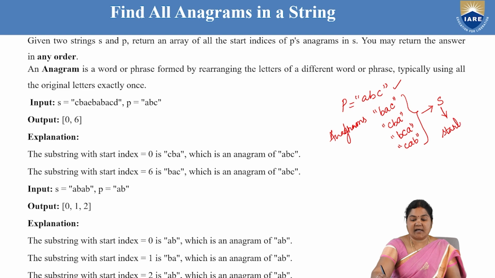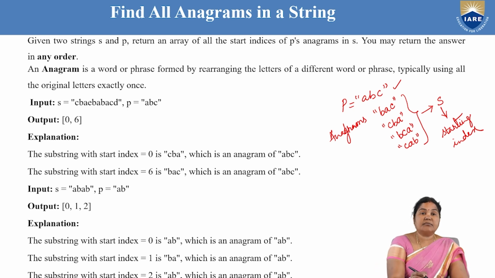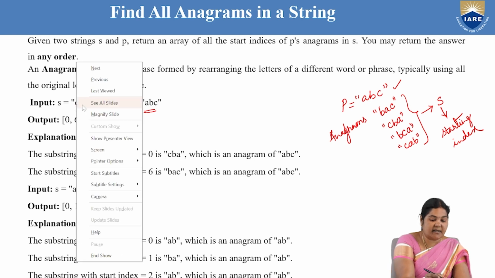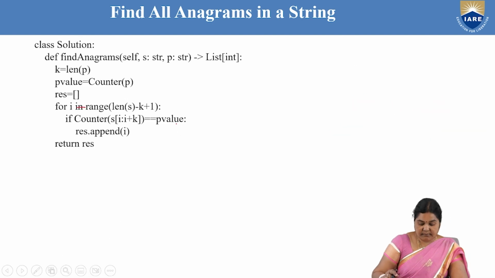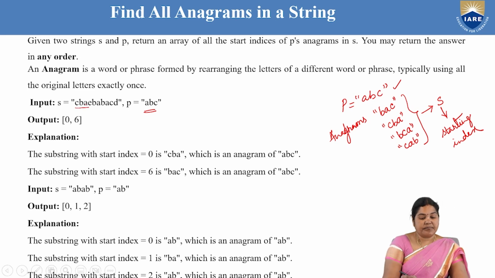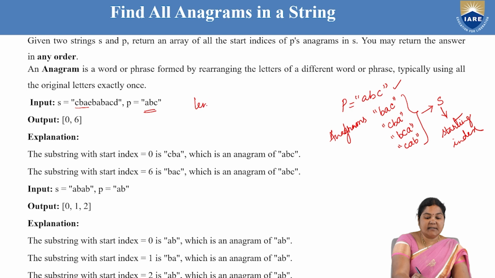Means from where it starts, starting index in S, we have to find it out for those anagrams and you have to return. Now let us understand the first test case. Here P is ABC and S is CBAEBABACD, a big string is given. Now ABC, the anagram, if you will take the sliding window, it is CBA. Okay. Now here, what is length of P?